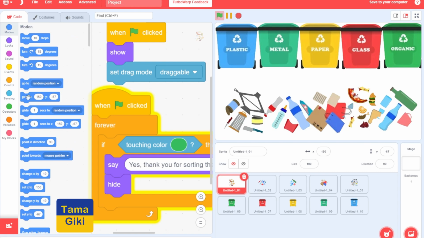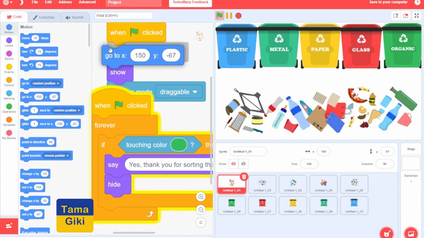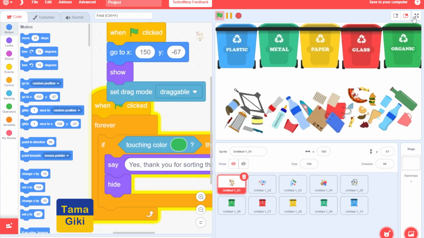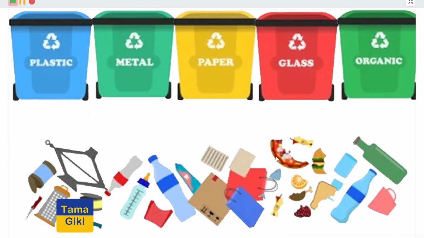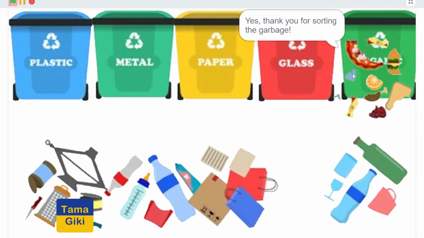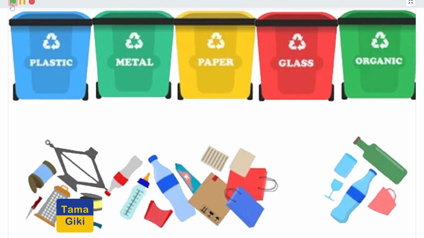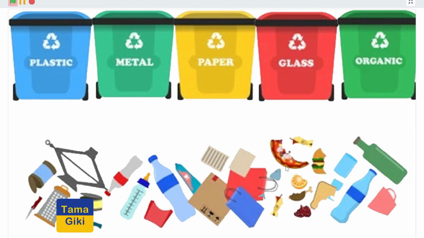You just pull it out: when the game starts, go there. Let's test it. You can drag it, and it always says thank you for sorting and disappears. I click it and it comes back here. Actually, it would be nice if they all mixed up at the bottom. Maybe later I will make a little bit of code so all the garbage will be mixed up on the bottom part of the game.